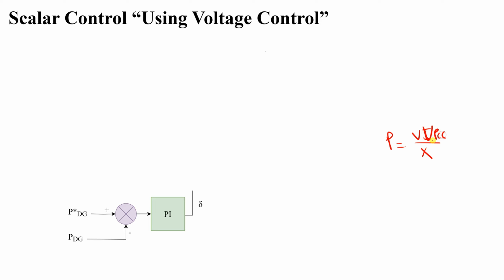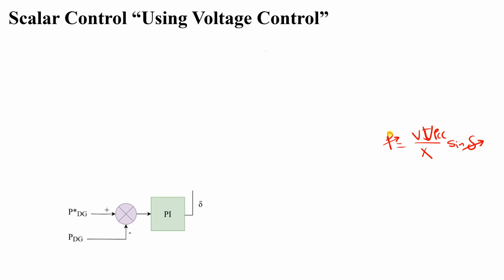Okay, let's start. What's the first step? The first step is that we control power. As we said before, power is equal to V of the generator itself multiplied by V_PCC, the voltage at the point of common coupling, divided by X, the reactance between them, times sine delta. So by controlling delta, we can control power.